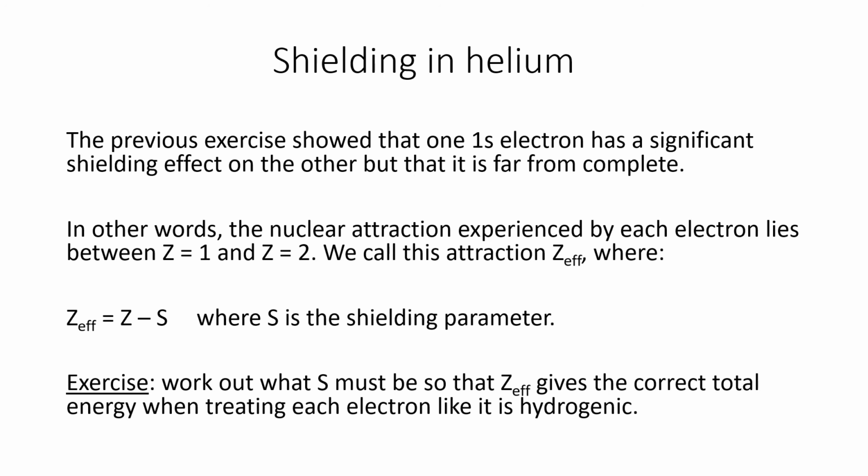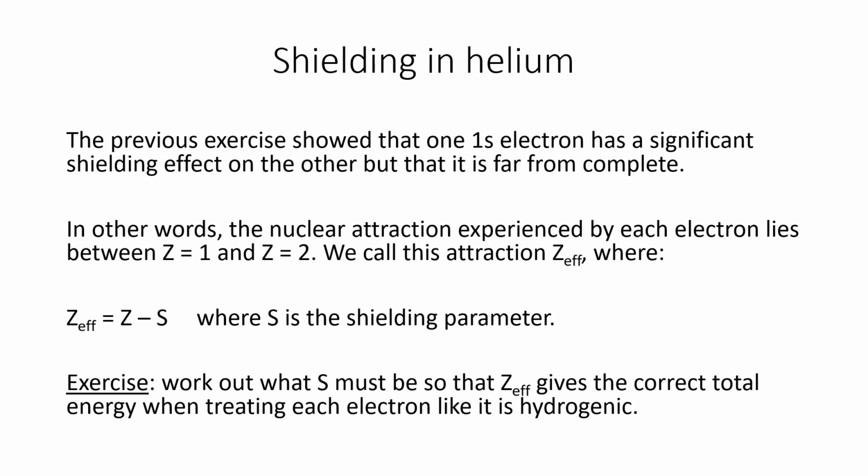So the first thing you probably want to do is think about what must be the energy of 1 electron in helium. Once you've got a value for that, we can then put that into our energy equation, E = -1/2 Z² over n², except in this case we'll be solving for Z to see what the atomic number, as it were, looks like from that 1 electron perspective. In other words, we'll be solving for Z effective, and then from Z effective we can work out what the shielding parameter must be.